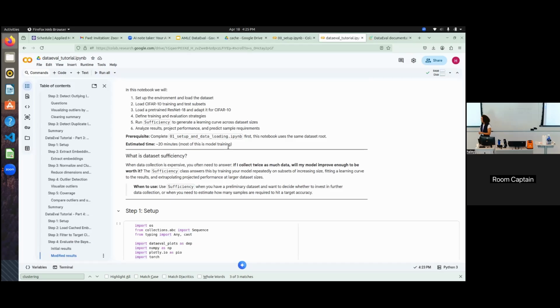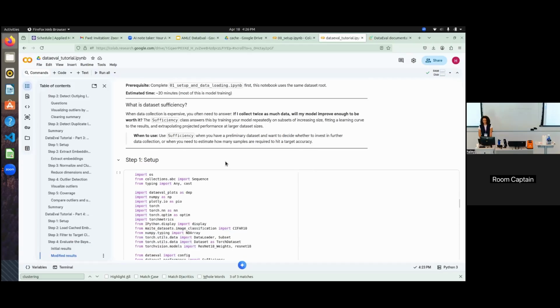It's a terrible thing to go and collect all this data and spend all of this money and all of these resources and then find out that it was never possible to achieve the performance that you wanted. This isn't a guarantee, but it can give you a ballpark idea before you start burning through all those resources. Sufficiency, as I mentioned, is good if you have a preliminary dataset and you want to project out what that performance might be.